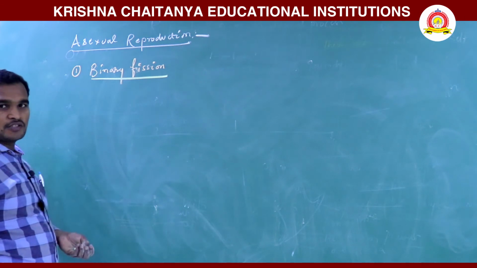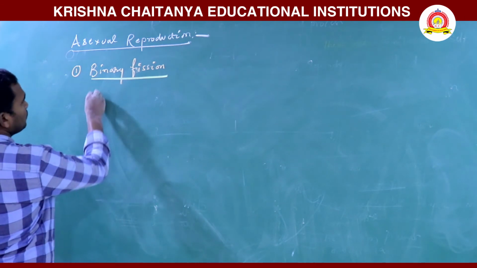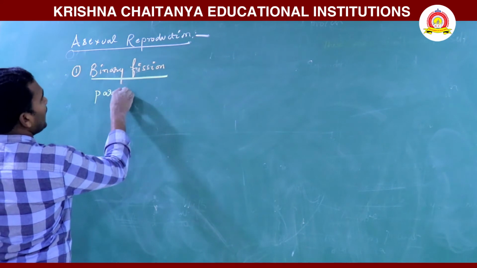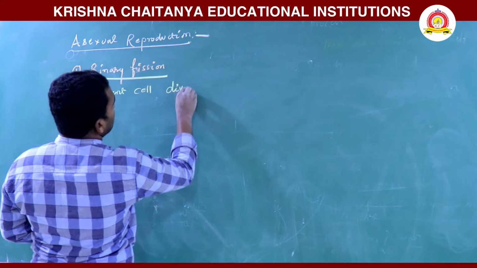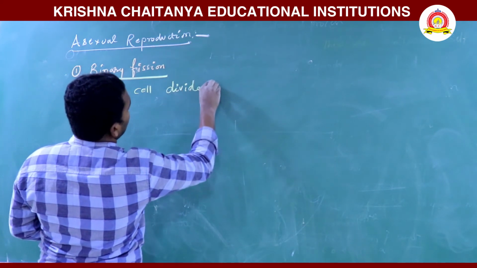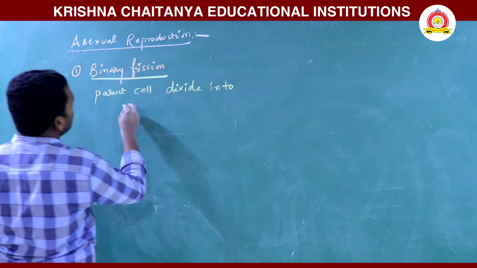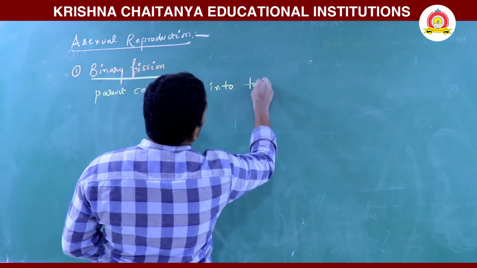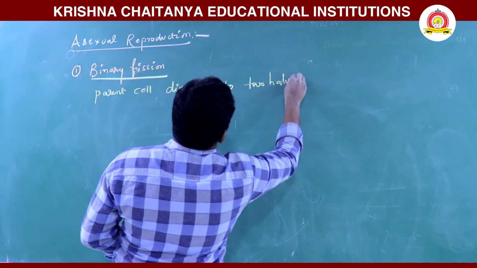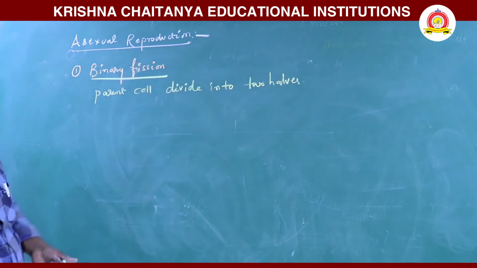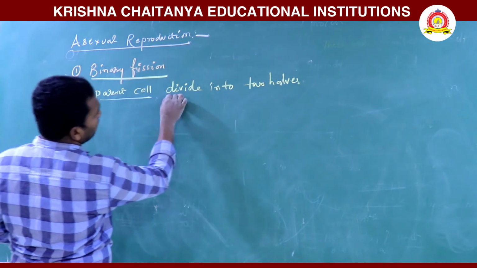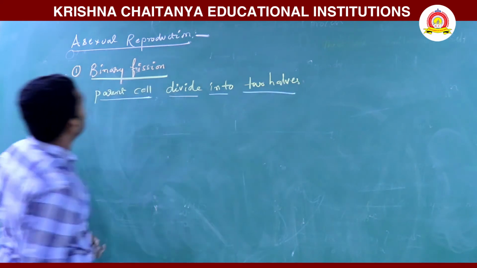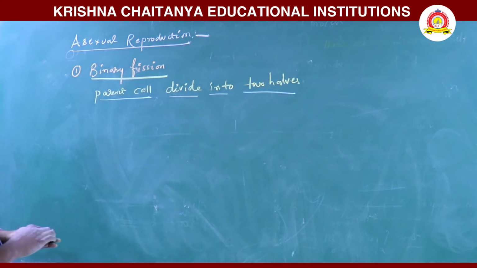Binary fission means the parent cell divides into two halves. So one parent cell divided into two halves is called binary fission.